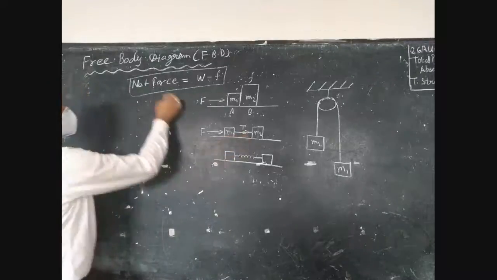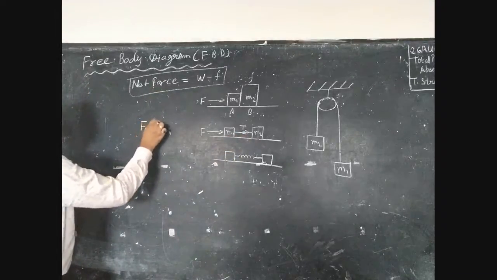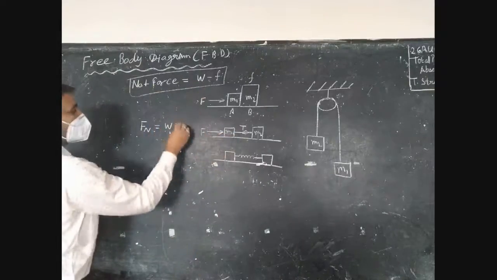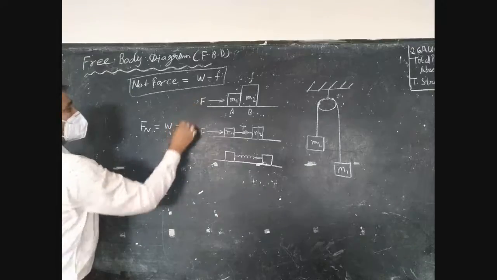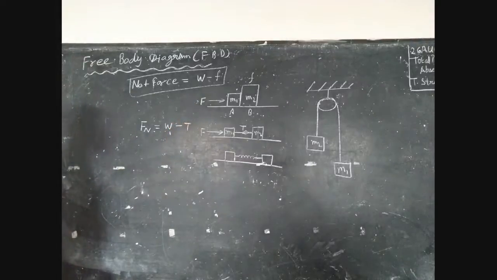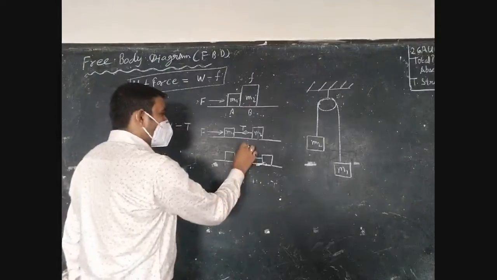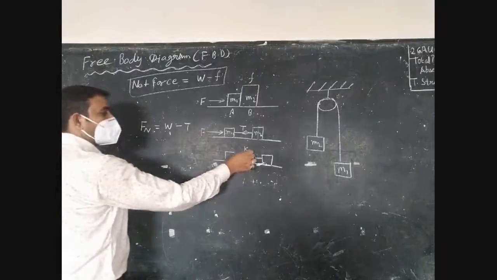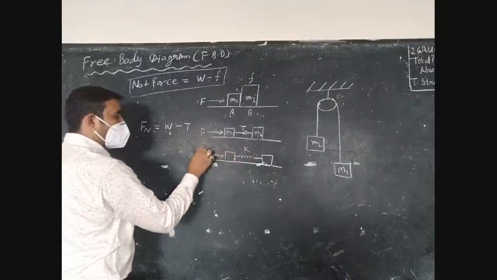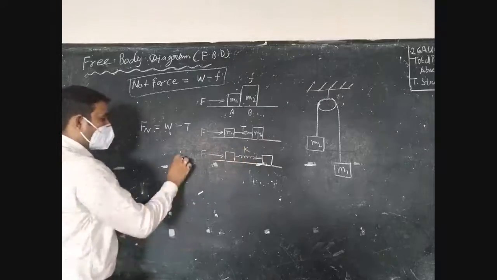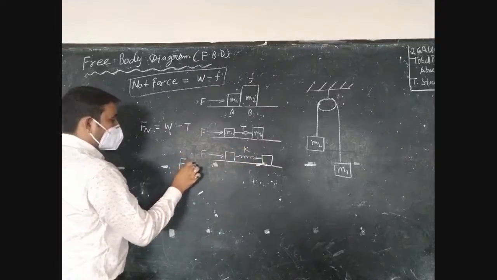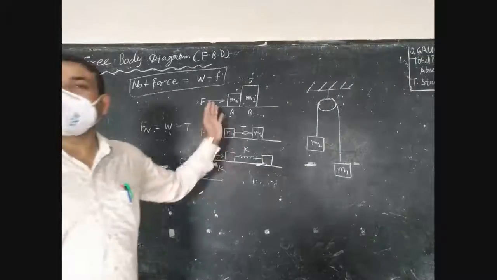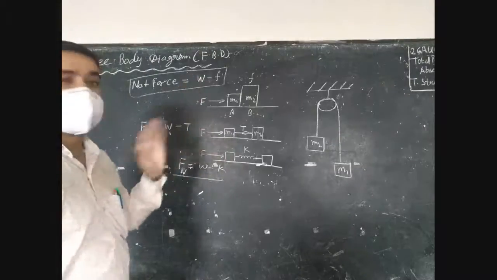So in this case, our net force F is equal to W minus T. And for a spring, we have K, where K is the spring constant. This spring opposes the motion by applying a force, that is, F net is equal to W minus K. Now we understand in which case the F is negative.